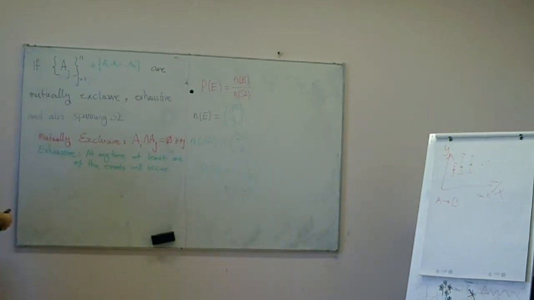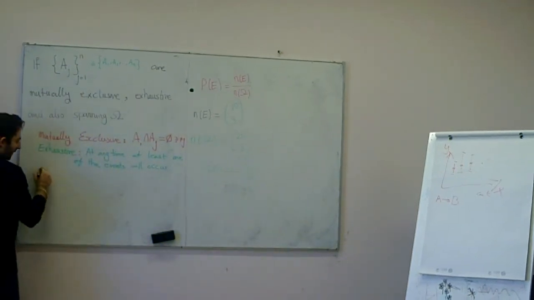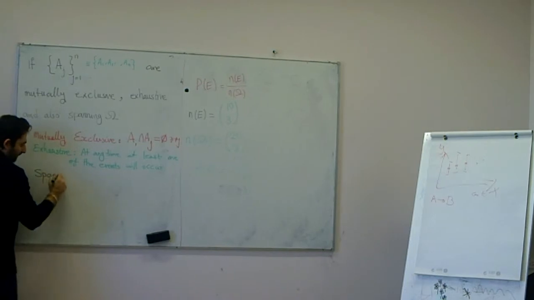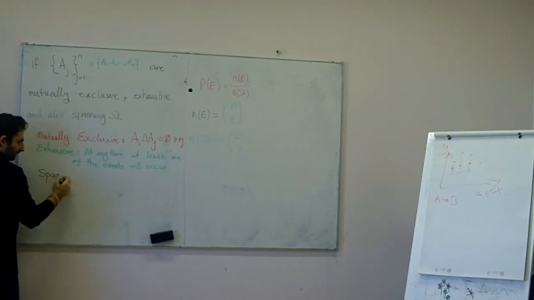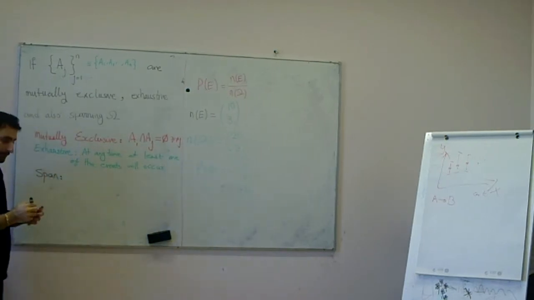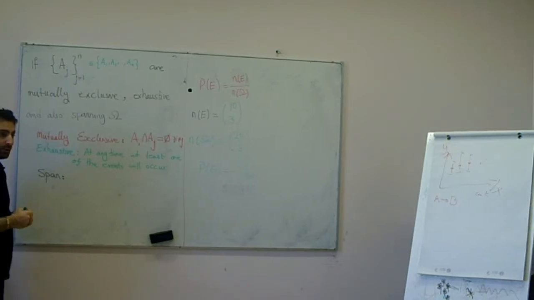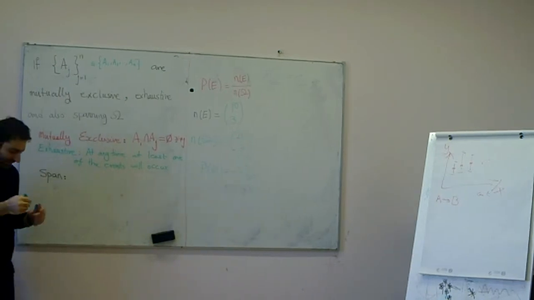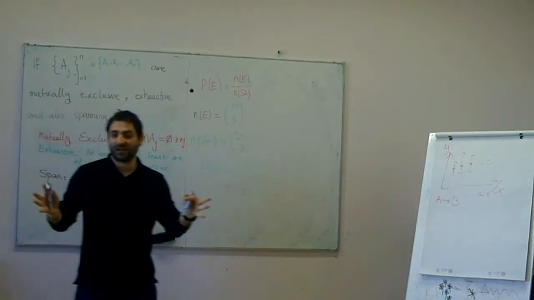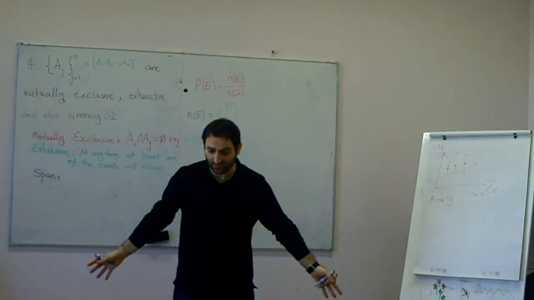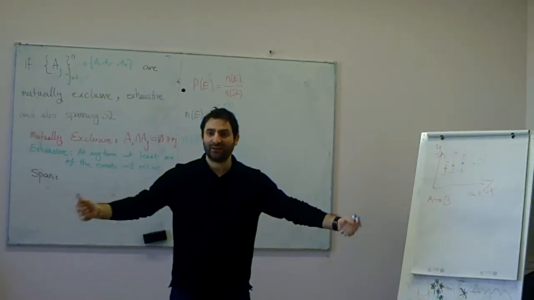And Morteza, what was the spanning that you were just talking about? All the samples in the global set are included in at least one of these Aj's. Spanning means that we can divide something in a form that if I add all the divisions, I will get the whole.